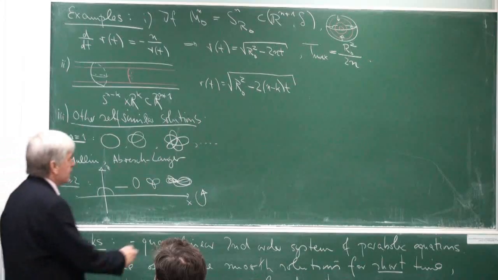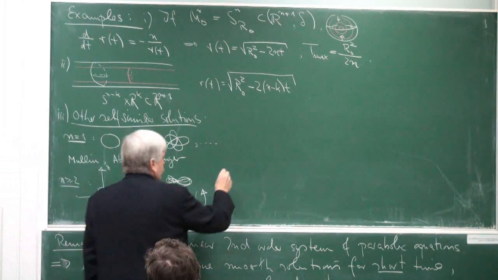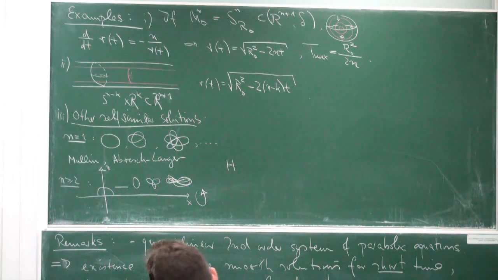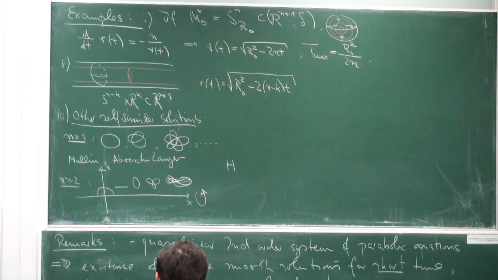Now, all these self-similar solutions satisfy an equation. Namely, in order to be self-similar, so that the shape doesn't change except by scaling, the mean curvature in the normal direction has to be a multiple of the position vector.